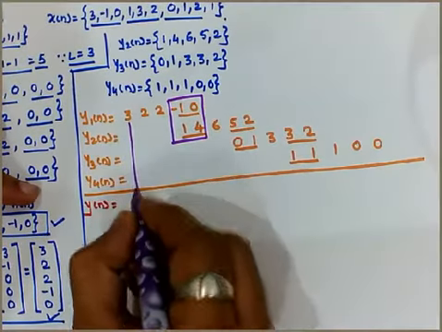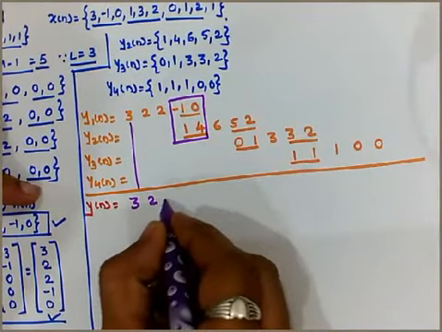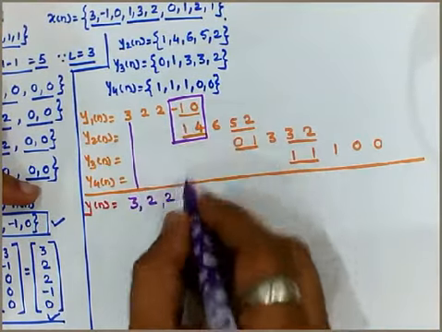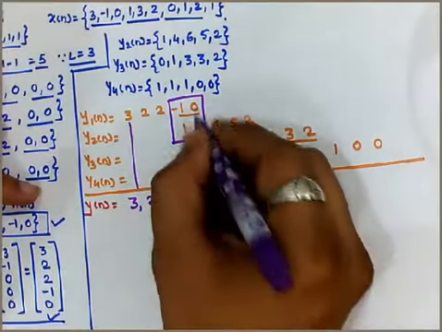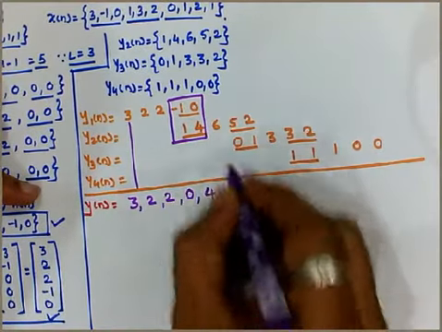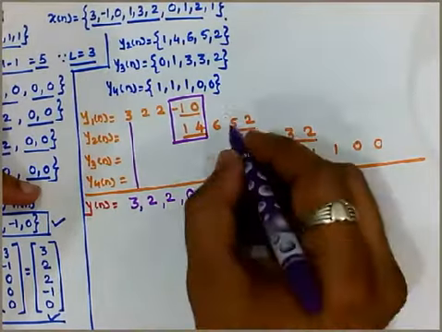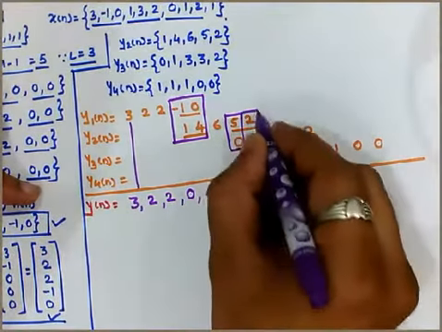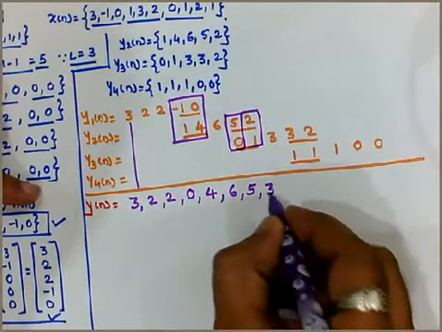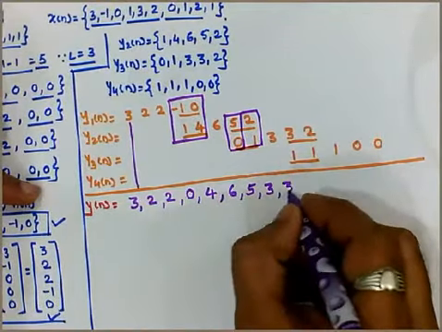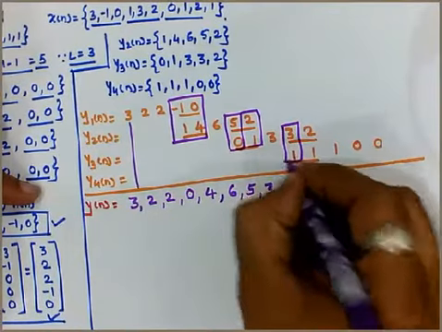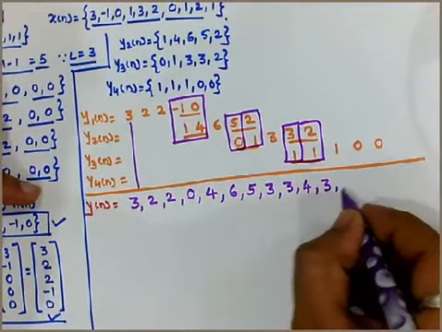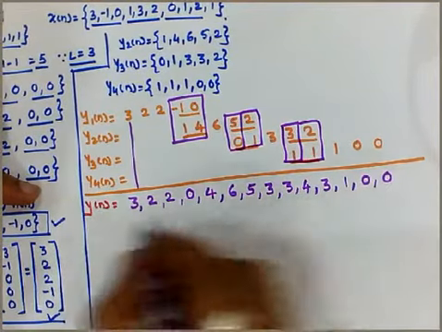So this 3 will be as it is over here, next 2, next 2, addition of minus 1 with the plus 1, that is resulting in 0, addition of 0 with 4, that is 4, this 6 will be as it is, and 5 plus 0, that is 5, and 2 plus 1, that is 3, next is 3, and 3 plus 1, that is 4, and 2 plus 1, that is 3, and 1, 0, 0.